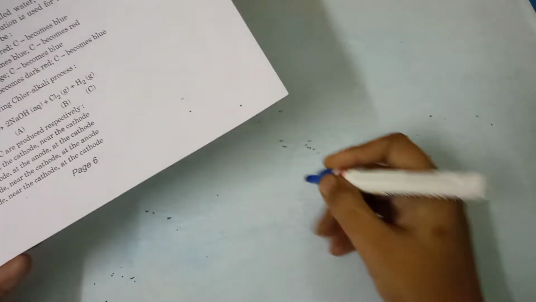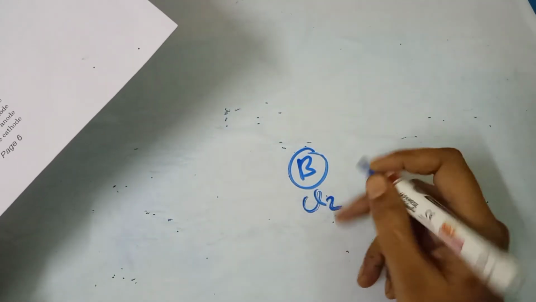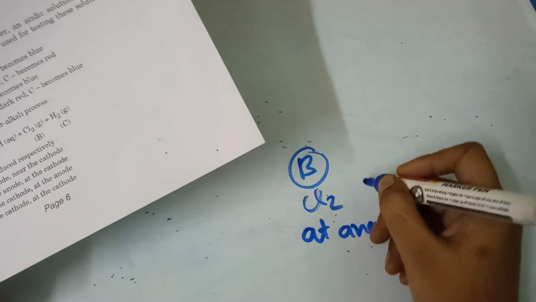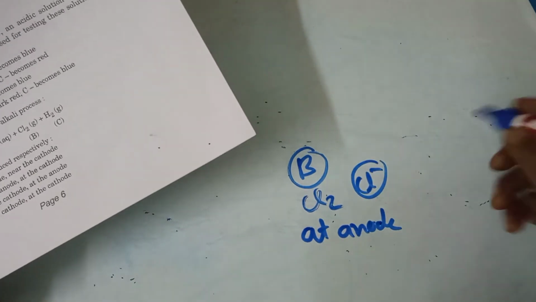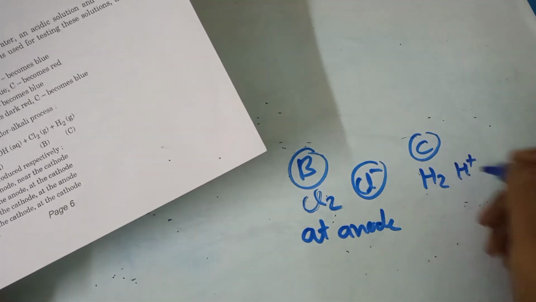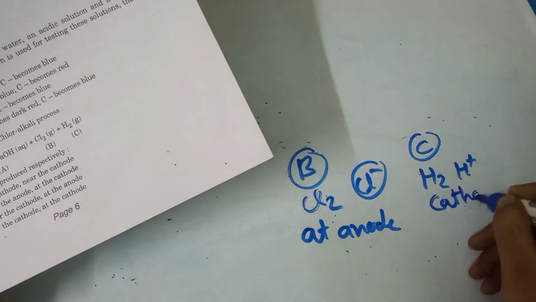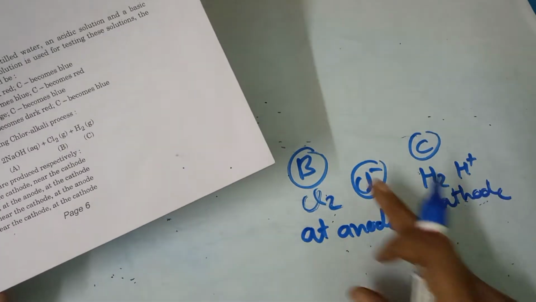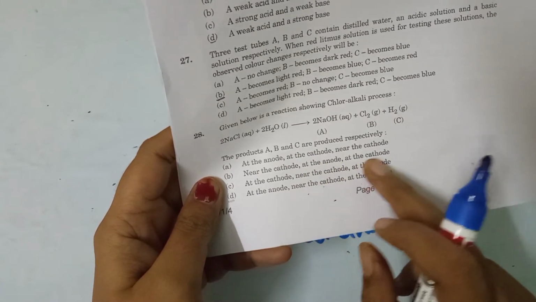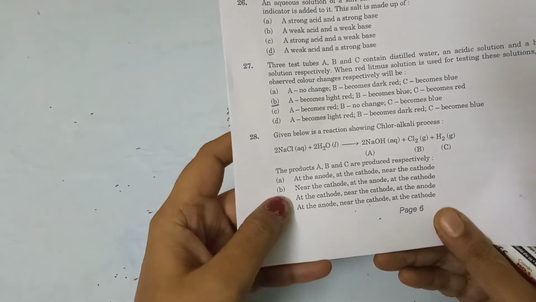So the chlorine gas will be formed at the anode, because chlorine is Cl minus, so it should go to the anode, and C, that is hydrogen, which is H plus, should reach the cathode. So B is at the anode and C is at the cathode. So the B option is the right option.